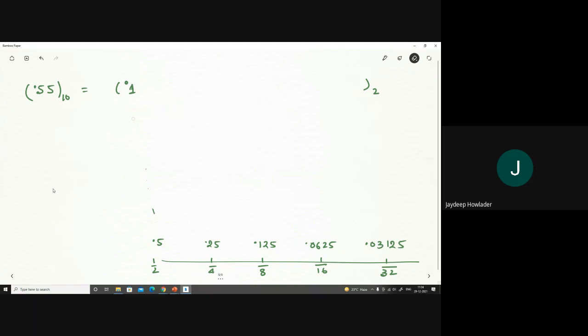So the right hand side is 0.5 and the left hand side is the remaining 0.05. So the sum of 0.5 plus 0.05 is this one. Okay. Understand?